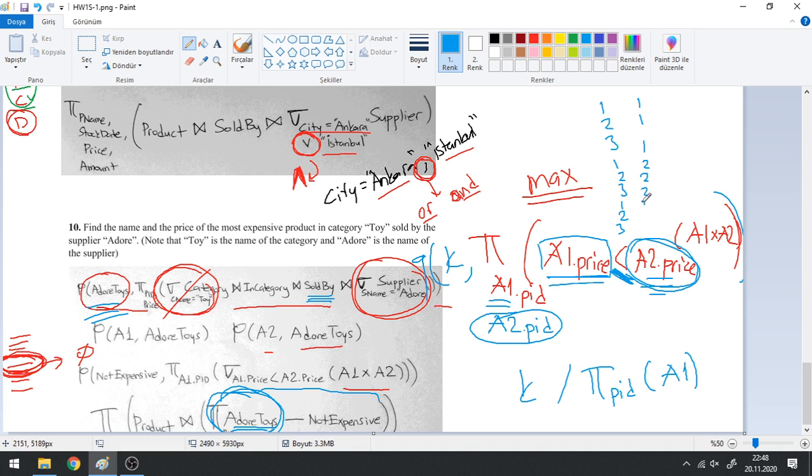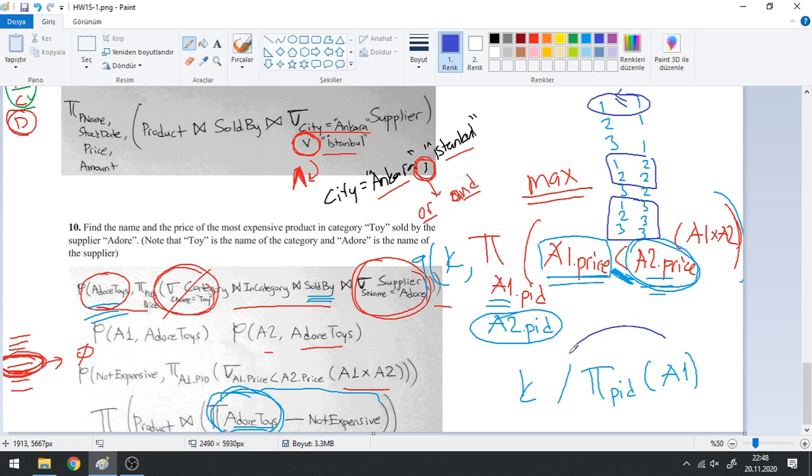Sorry for the writing. So with the blue one, what we are doing is, on the right side, if it is higher than or equal to the left side, we are getting it. So this I get, these I get, and these three I get.